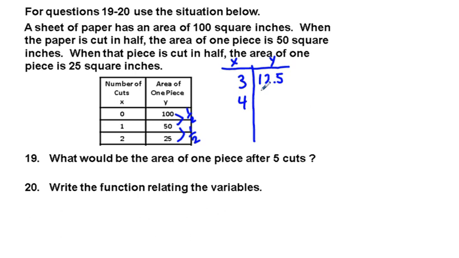For 4, we're going to multiply by 1/2 again, and that's going to be 6.25. And finally, our 5th cut, we're going to multiply by 1/2. For that, we're going to get 3.125, I think.